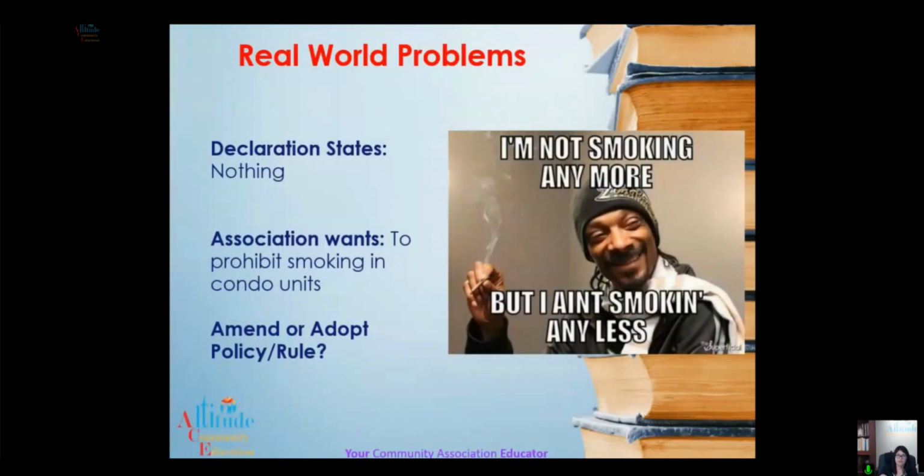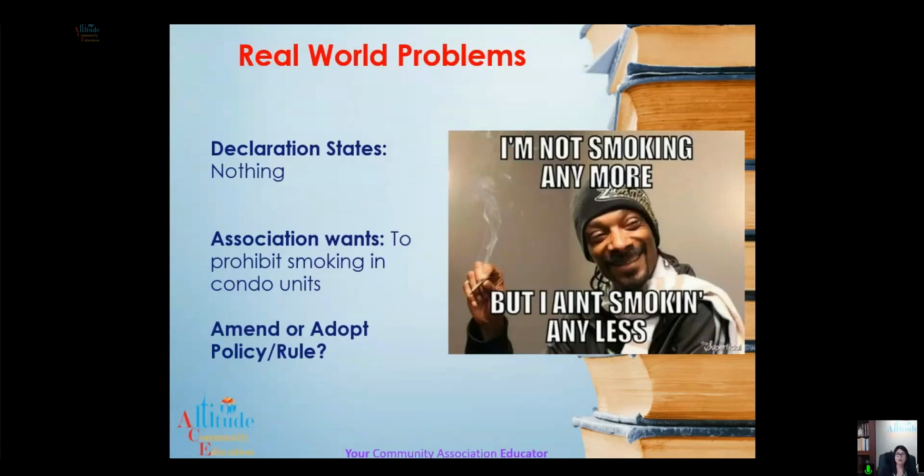All right. We're back. We're still smoking here, right? So the declaration says nothing. But the association wants to prohibit smoking inside the condominium units. Is that an adoption of a policy or is that an amendment? So we talked about this earlier, right?